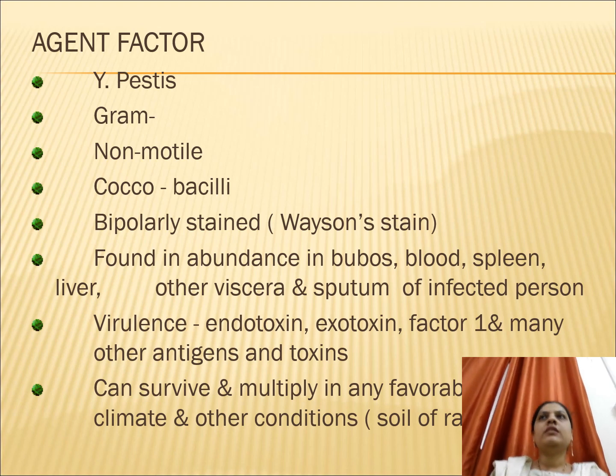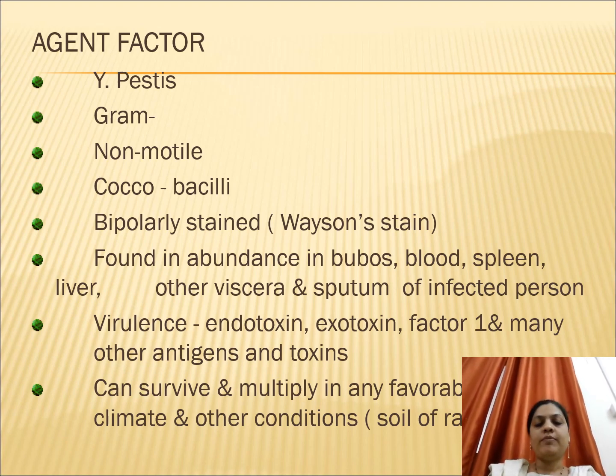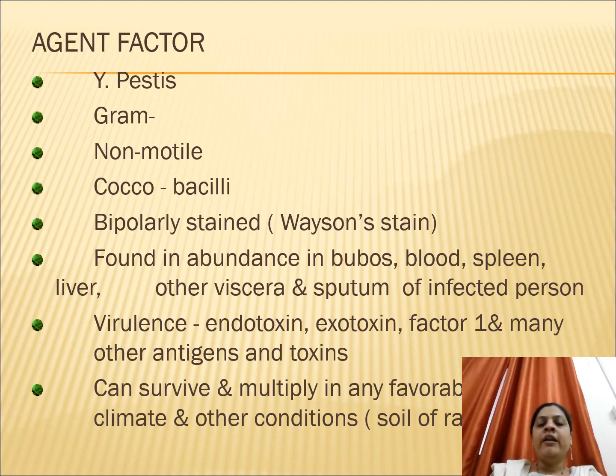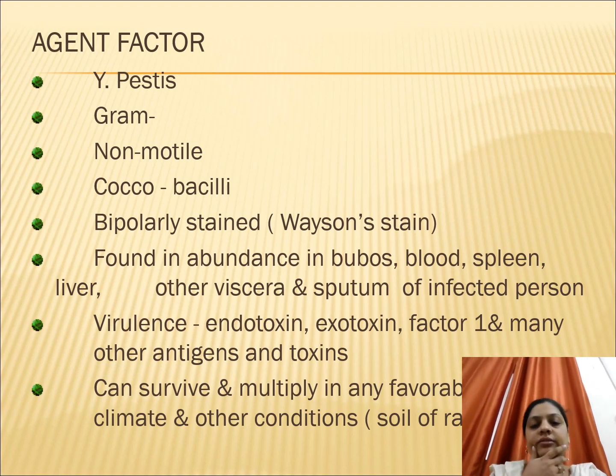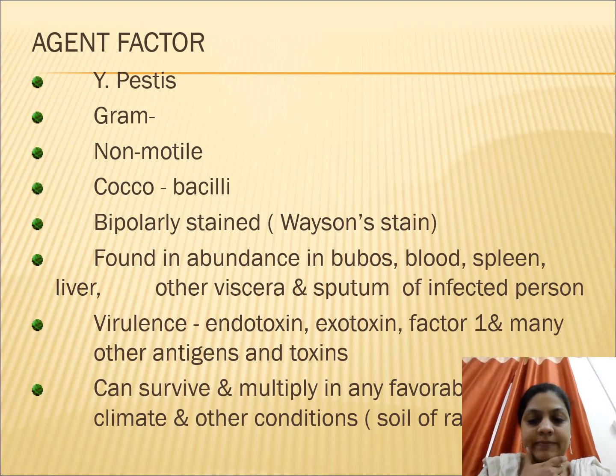Now let's see the epidemiology. Epidemiological factors. First, let us discuss the agent factor. Yersinia pestis is a gram-negative, non-motile coccobacillus. It is stained using Wayson stain, and on staining it shows bipolar staining. Blue colored bipolar bacilli can be seen.